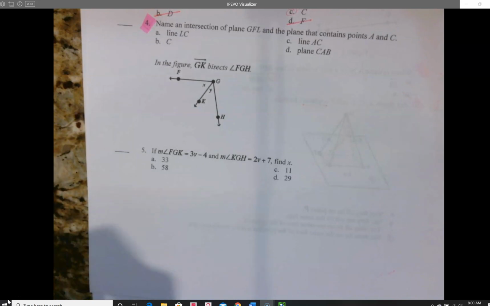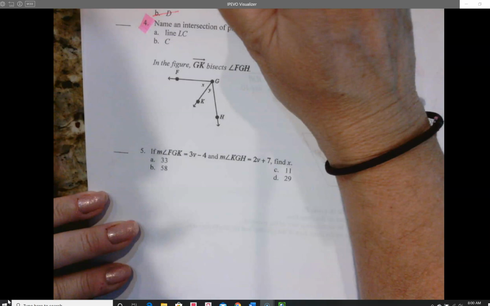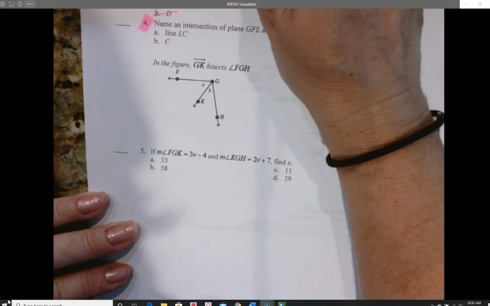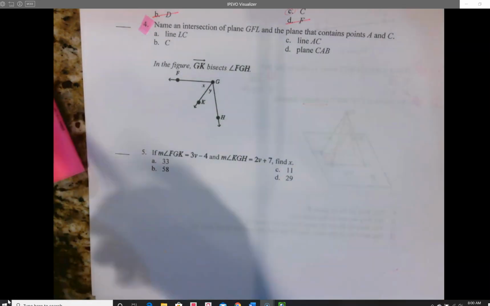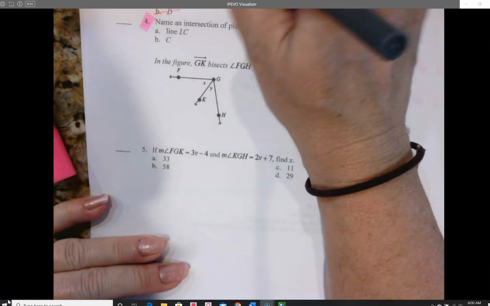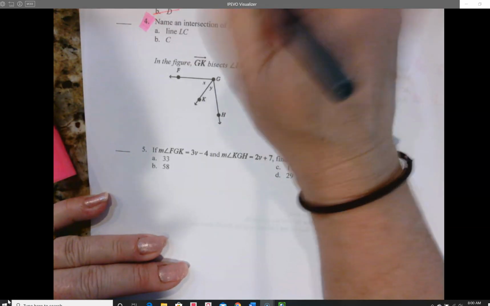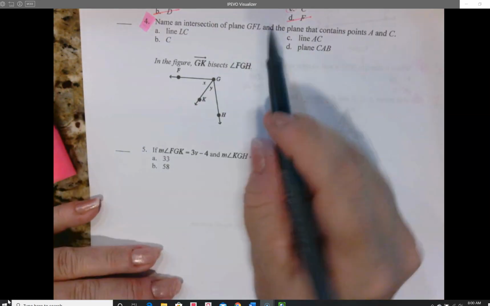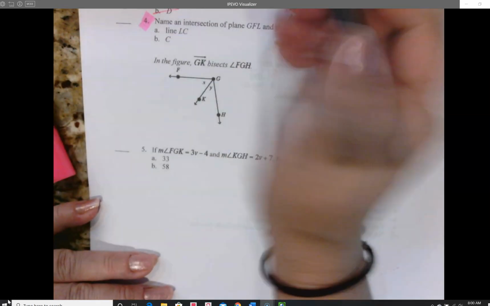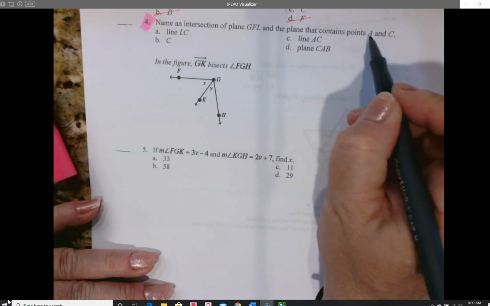So number 4, an intersection of plane GFL. Again, I'm going to find G, F, L. It takes 3 points to make a plane, but all those points are on this bottom rectangle here. So C, L, D, G. So where does that rectangle intersect with the plane that contains A and C?